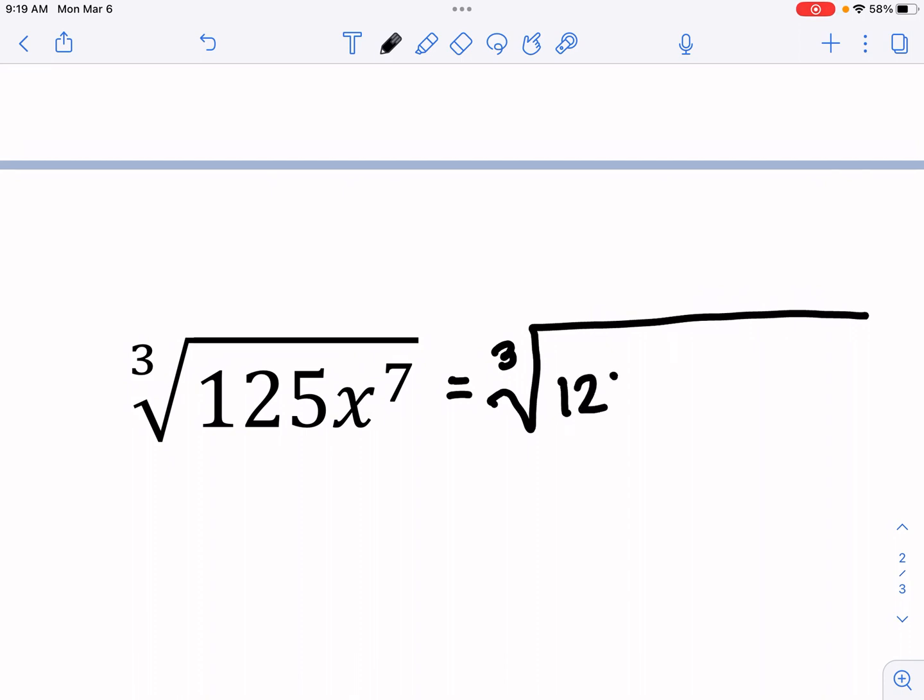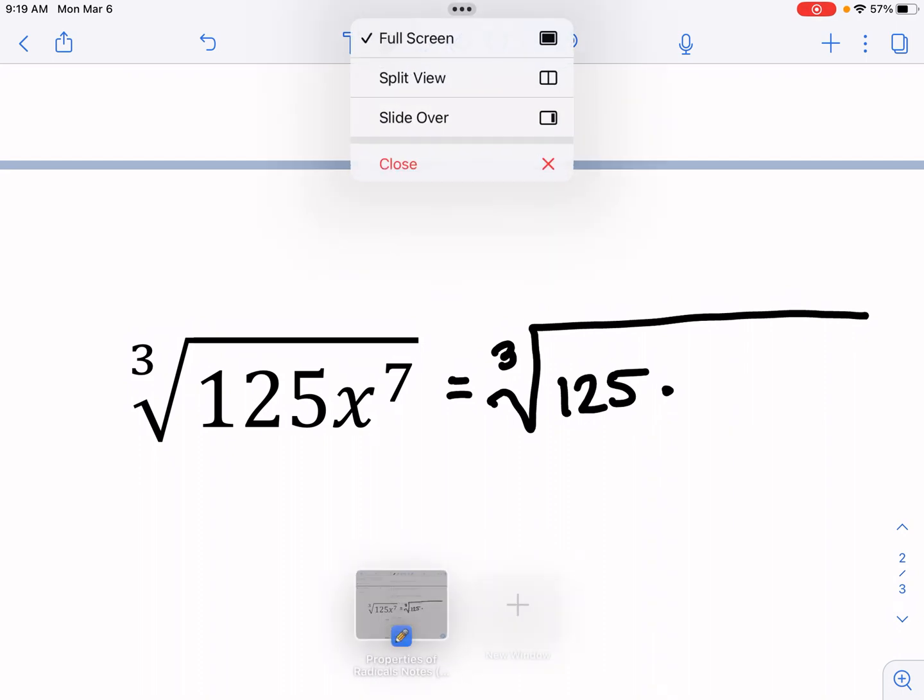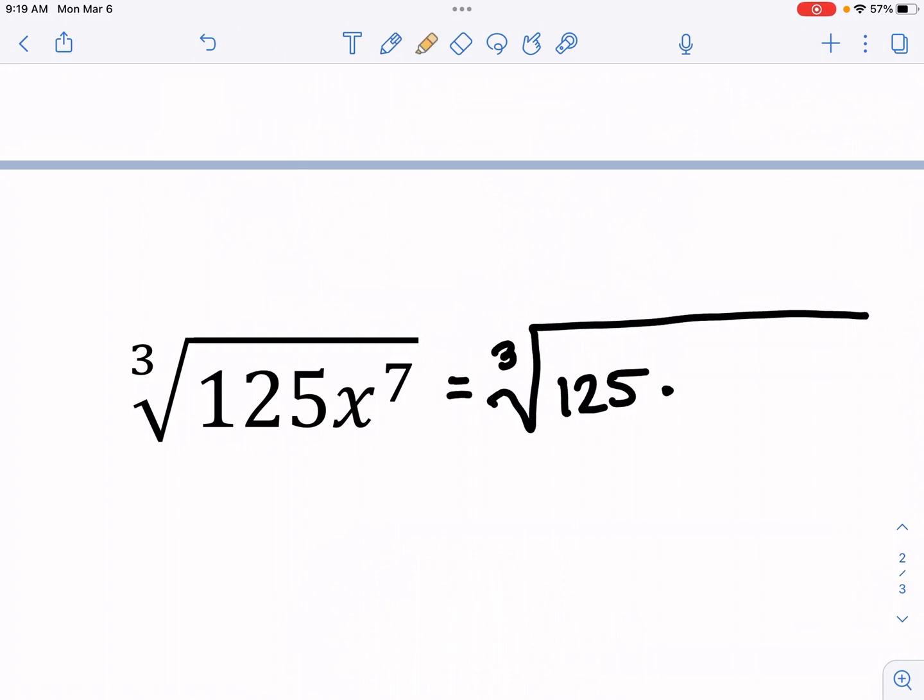We can represent this product as our coefficient, 125 times. Now, again, for this part, we're thinking, how many times can 3 go into 7? 3 can go into 7 twice, and 3 times 2 is 6. So this is very similar to like the last one, it's just we have a cube root this time.